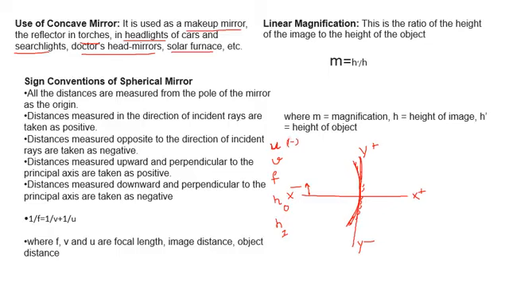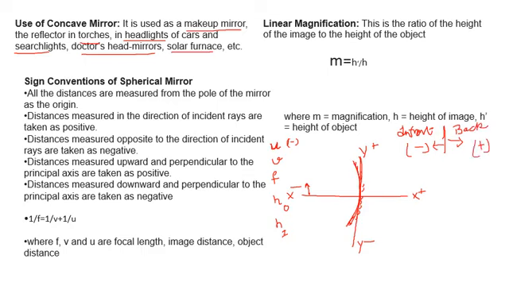Okay, there is one more way to remember. In front of mirror, the things are always negative, right? And at the back of mirror, or behind the mirror, the things are always considered positive.